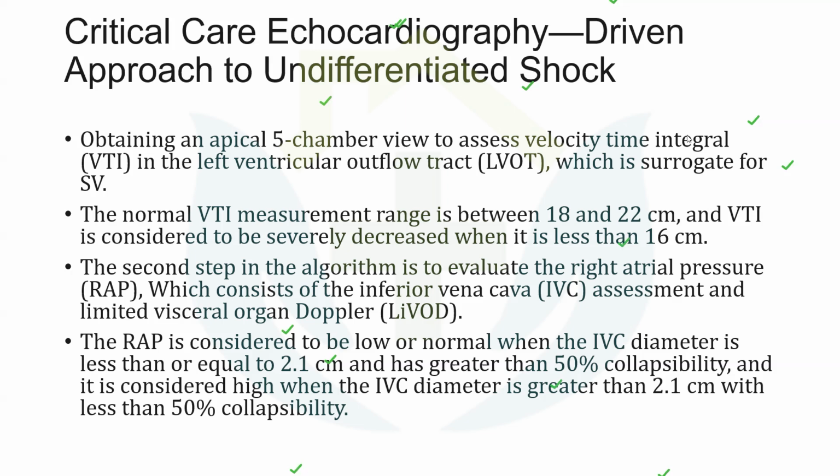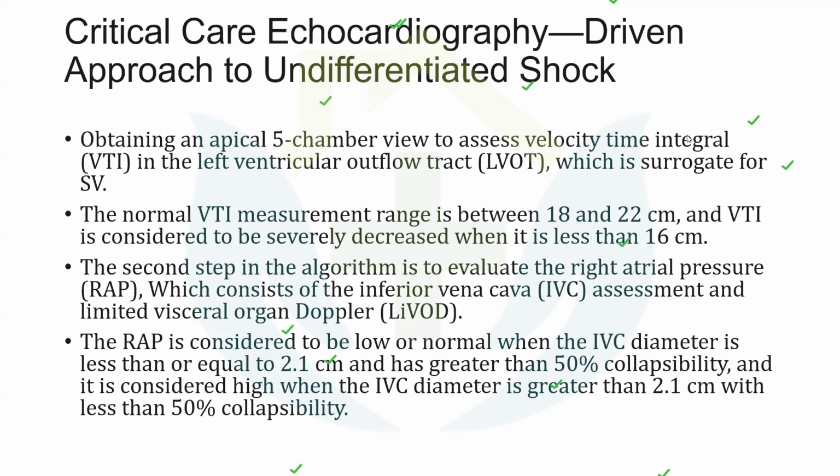The second step in this algorithm is to evaluate the right atrial pressure. How can we see it? We can do it by inferior vena cava assessment and limited visceral organ Doppler, LIVOD. This limited visceral organ Doppler is used when there is an indeterminate finding of the IVC.